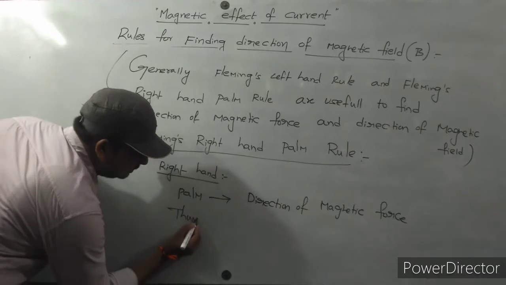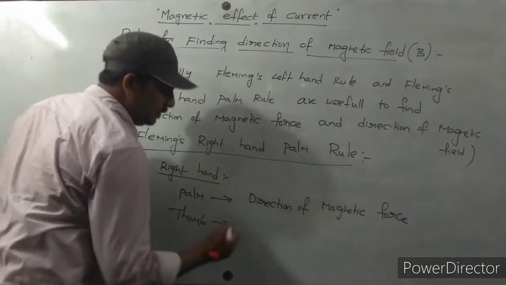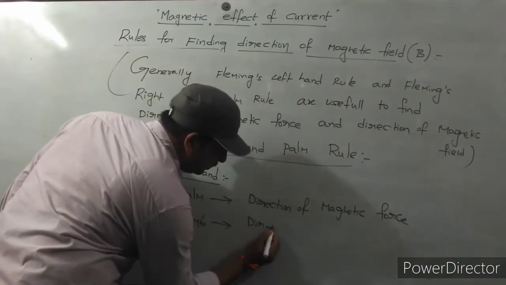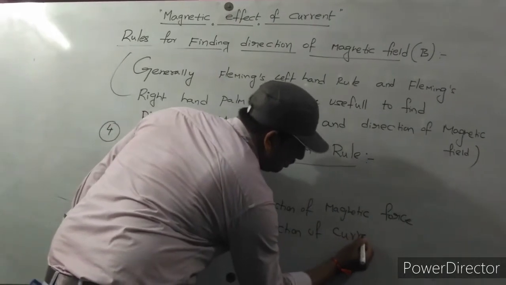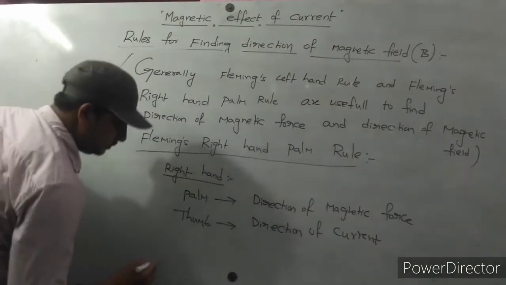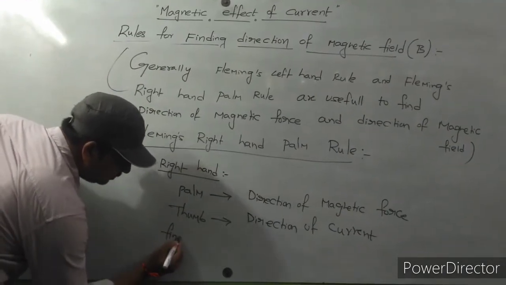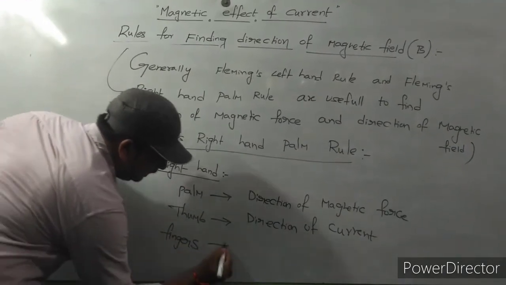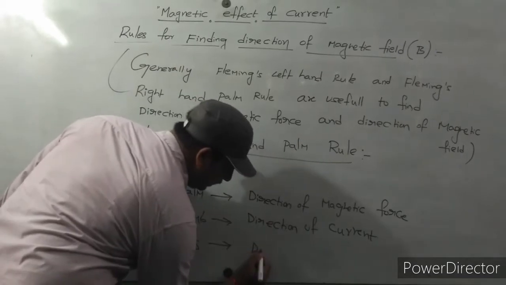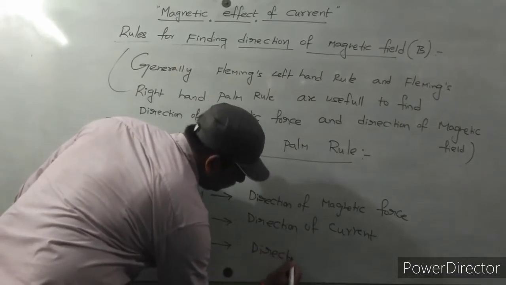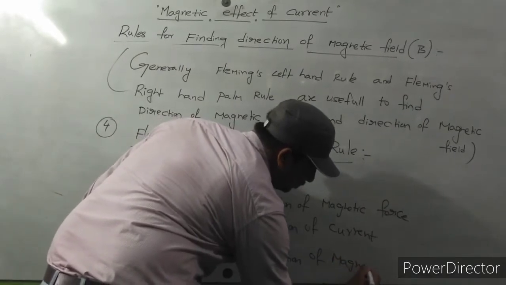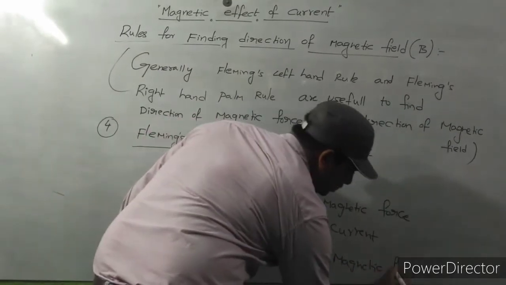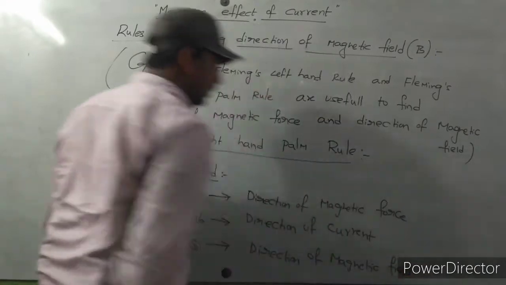Thumb indicates direction of current. Fingers indicate direction of magnetic field.